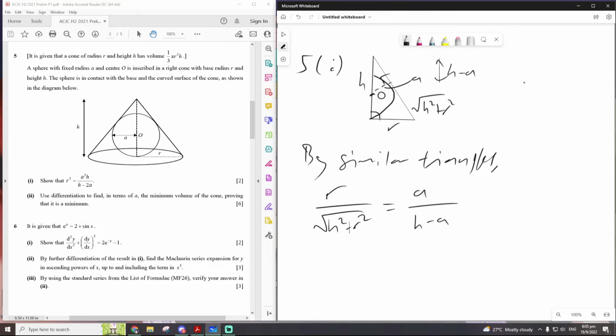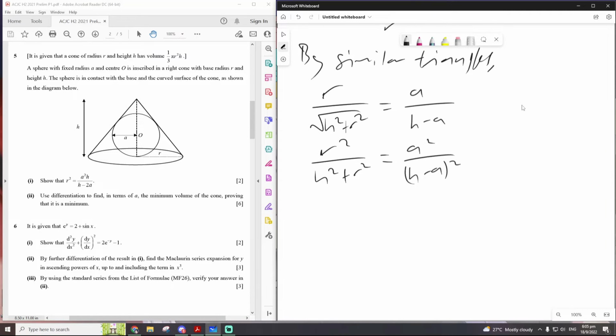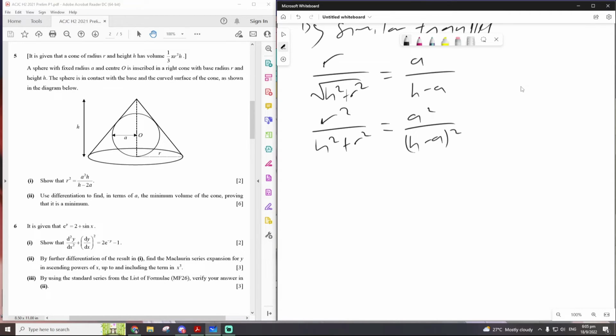Okay, we can square both sides. R squared divided by h squared plus r squared equals a squared divided by (h minus a) squared. Actually, it might be better to put the r squared on the bottom. Might be easier to take the reciprocal of this. Let's try it. This will give me h squared over r squared plus 1.